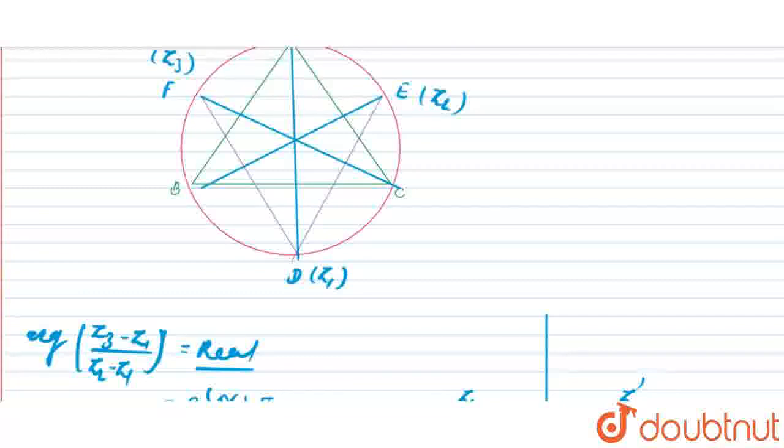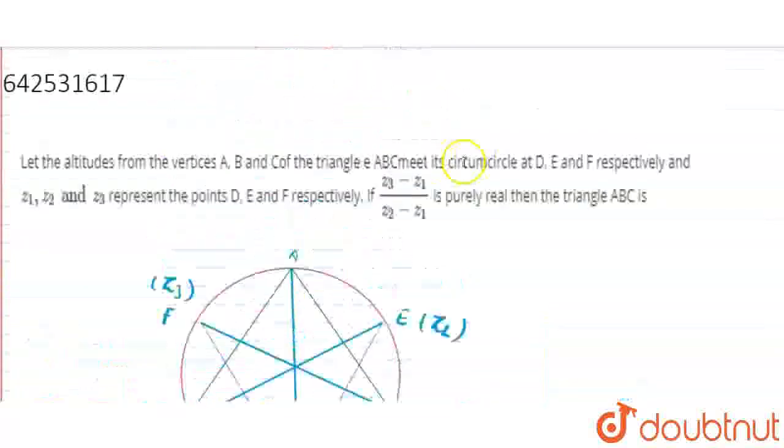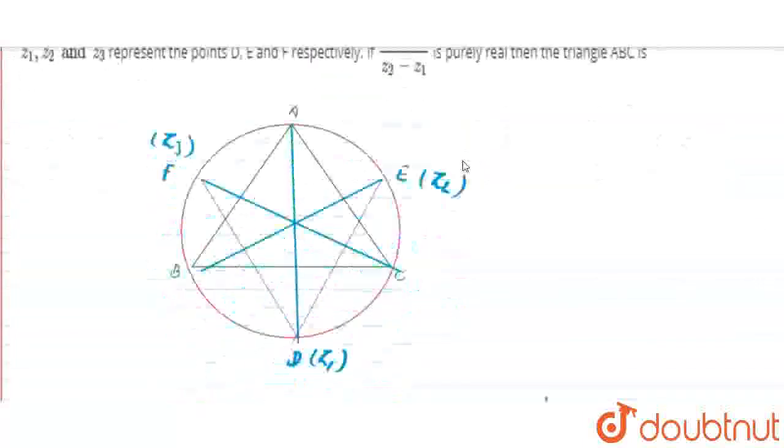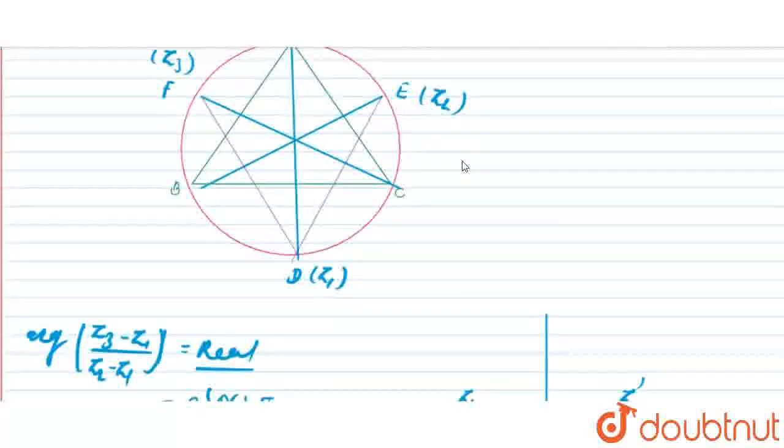Okay, now we will try to understand this, because this is making a circumcircle, so the altitude will be the bisector of an angle and they will meet at 90 degrees.